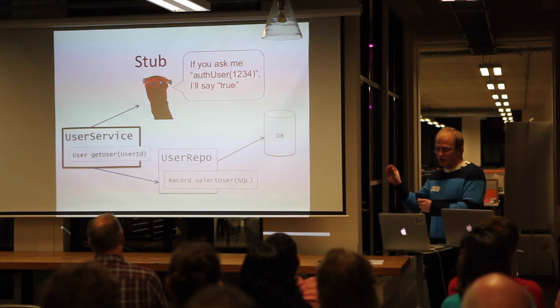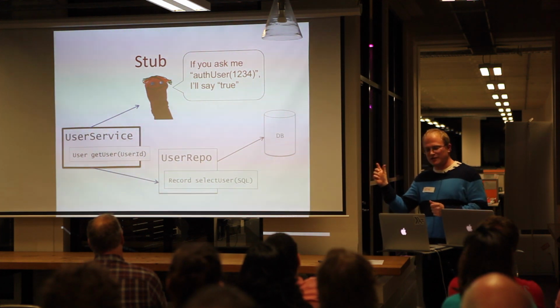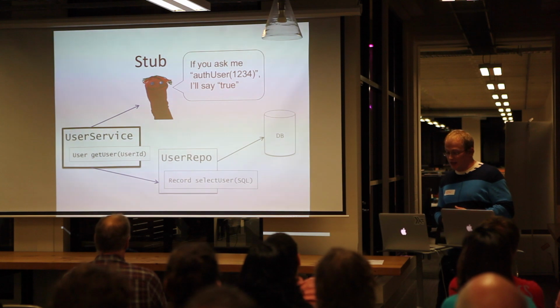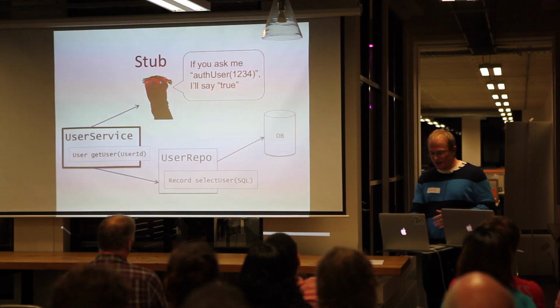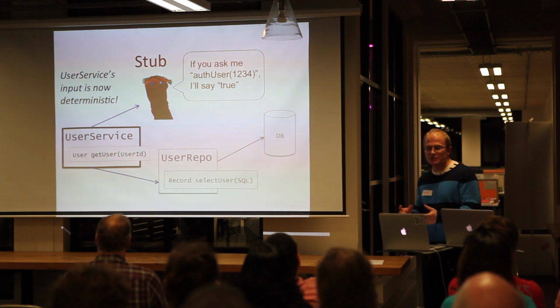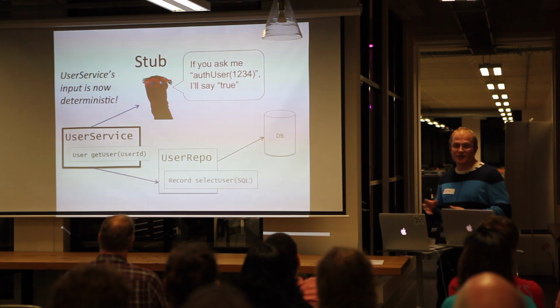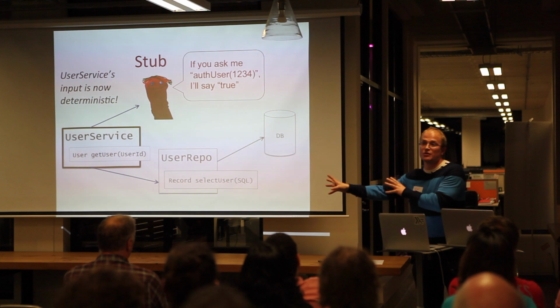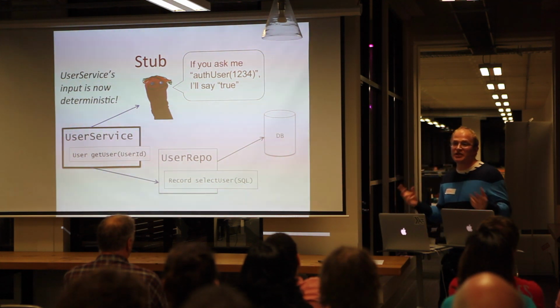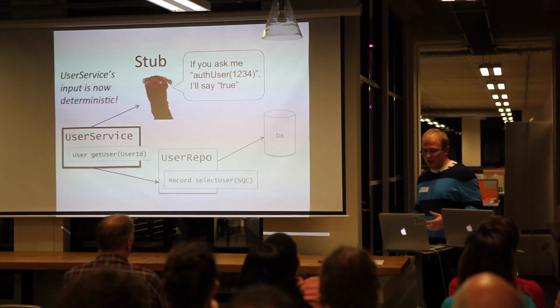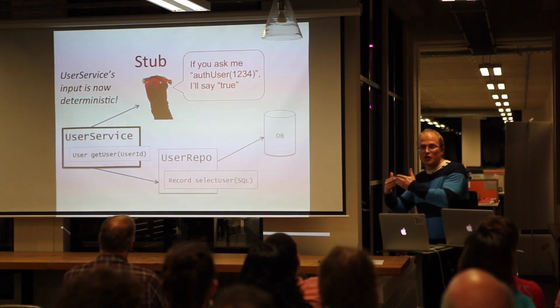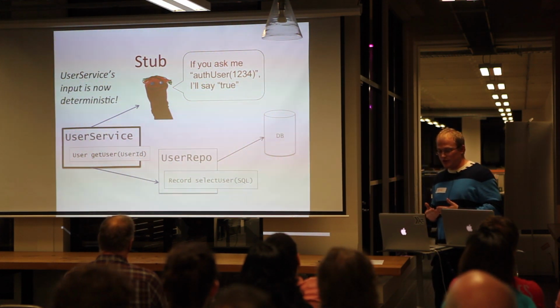And it narrowly says, if you ask me this specific method call, auth user, then I'll say true. And this is okay, because user service's input is now deterministic. Instead of asking this auth service out on the wire, which could fail in a whole bunch of different ways and is dependent on a bunch of ambient environmental factors, we have a fixed result from this call. So that's a good thing.